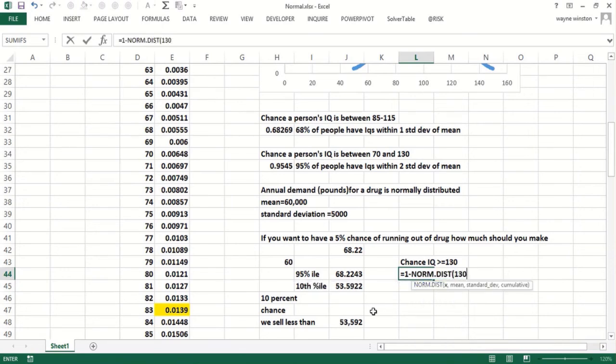So to have 130, mean 100, standard deviation 15, and basically it should be about 2.5%, I would think, 2.2%. Because if you're going to have 5% more than two standard deviations from the mean, there should be 2.5% more than two standard deviations above the mean, and 2.5% more than two standard deviations below the mean. And so that makes sense that we get about 2.5% there.